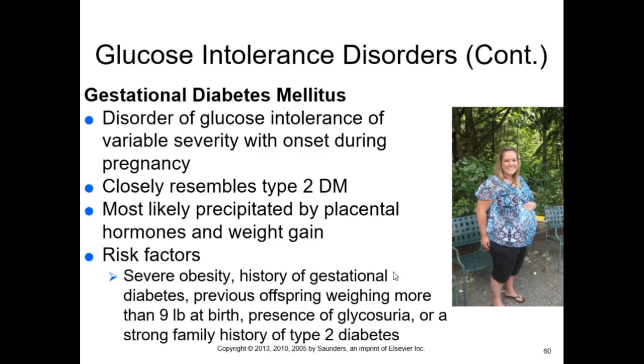If you had gestational diabetes with your first pregnancy, your second pregnancy, you are also very likely to develop gestational diabetes. Offspring with a high birth weight, presence of glycosuria, sugar in urine, and then of course strong family history of type 2 diabetes. So this would be a variation on type 2. This would be tissue resistance with onset of pregnancy.